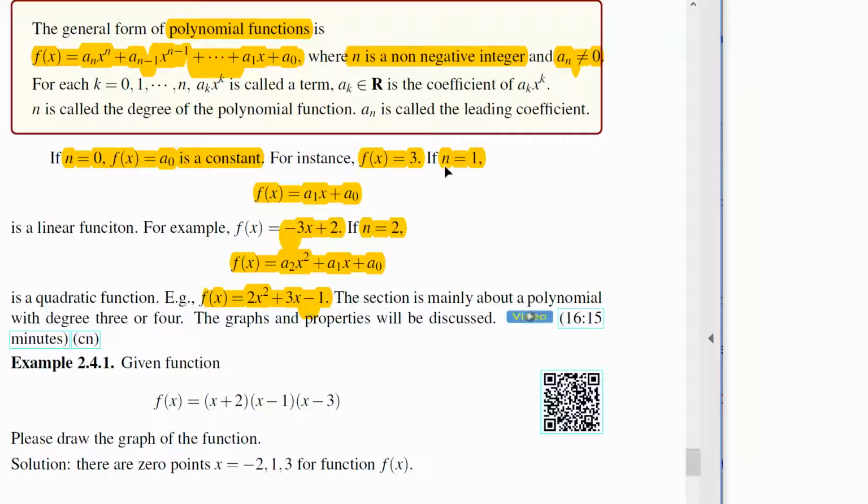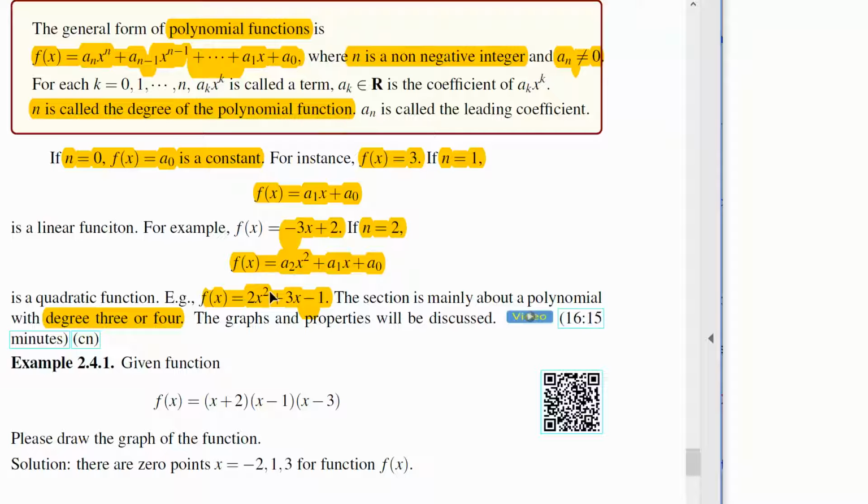All those three things we have seen before. So in this lecture, our major focus is on degree 3 or 4. By the way, for a quadratic function, the degree is 2, based on this definition. n is called the degree of the polynomial.